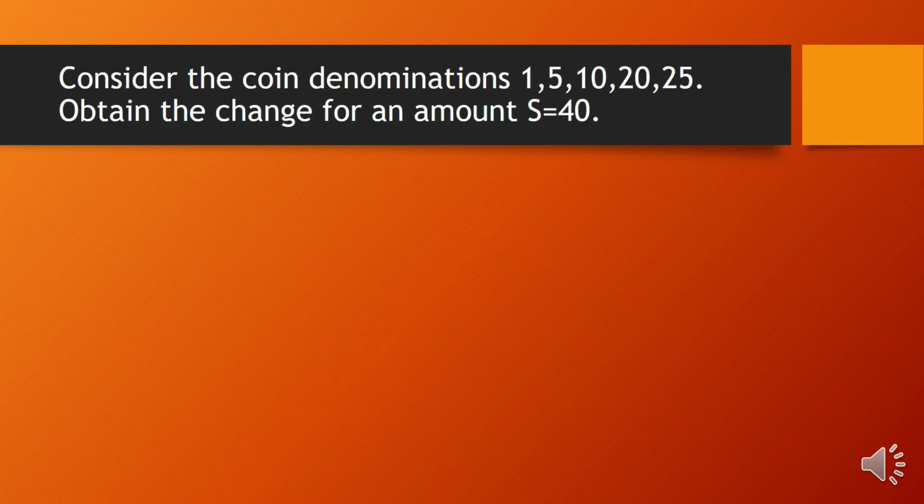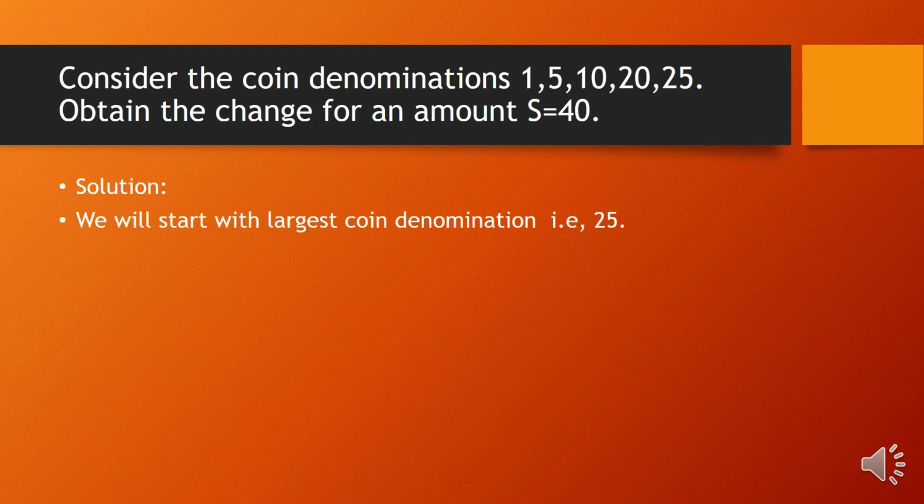Let us first see the different solutions for this. Solution 1: we always start to give change with the largest coin denomination. The largest coin denomination among these is 25.